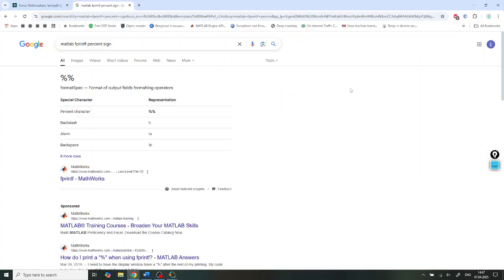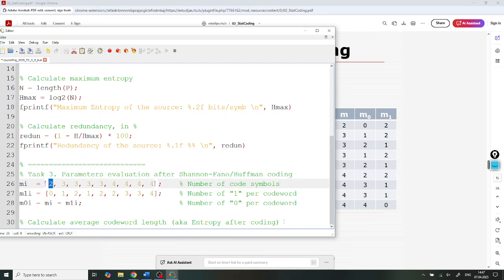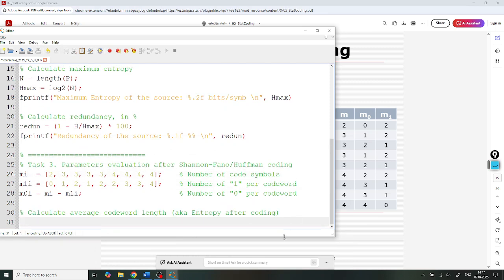So let's estimate all of them. So M average is going to be M, probability P, vector-wise multiplying by M transpose. Yes, so this way it adds summation.